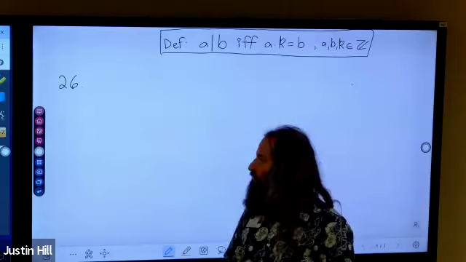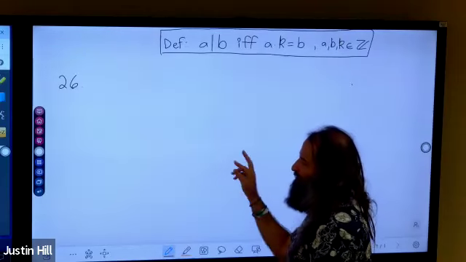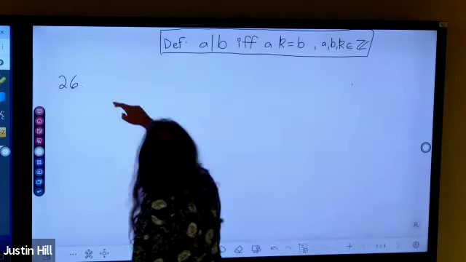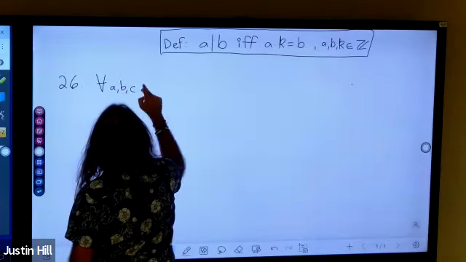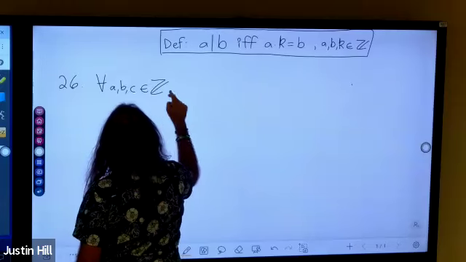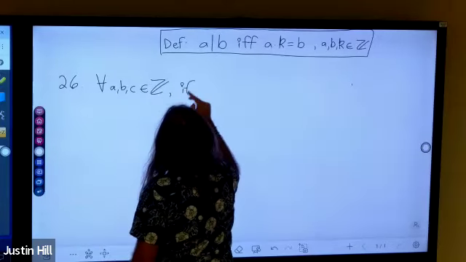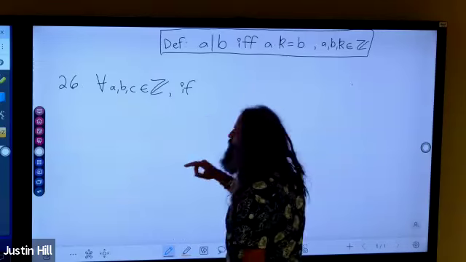So that's false. Notice 26, what we're trying to prove here is for all integers A, B, C, they literally wrote this the converse. They wrote it backwards.